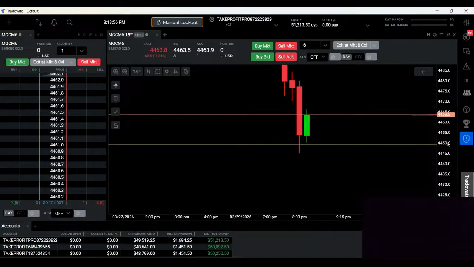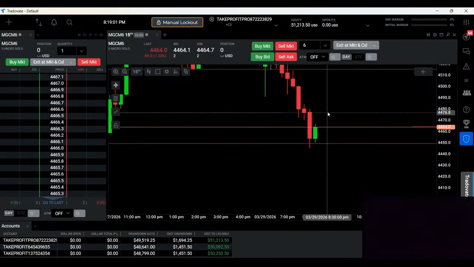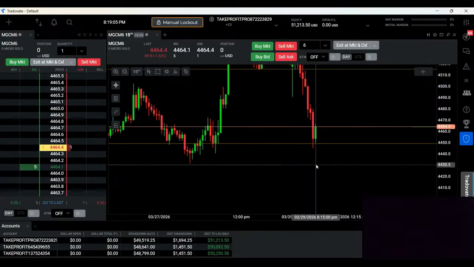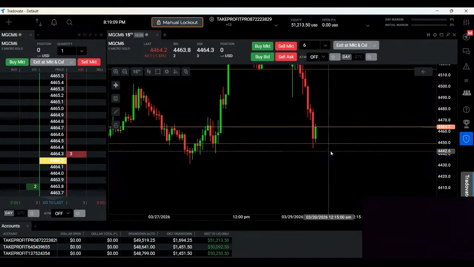Also, if this candle closes bullish, we might can take a trade, but I'm still going to wait. As I said, I would like for it to sweep some kind of liquidity down here.